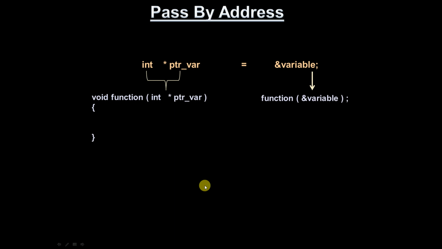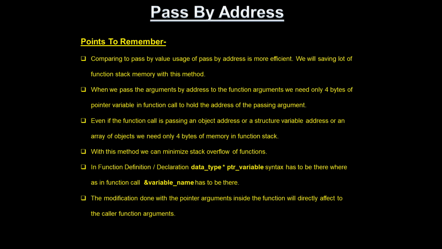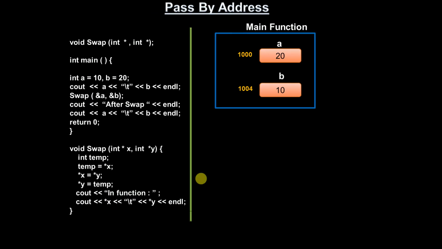Okay, now what is the limitation here? Every time, wherever I use this pointer variable, I have to use the dereference: star x, star x, star y, star y.